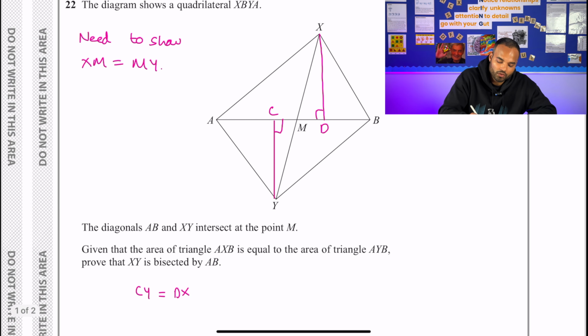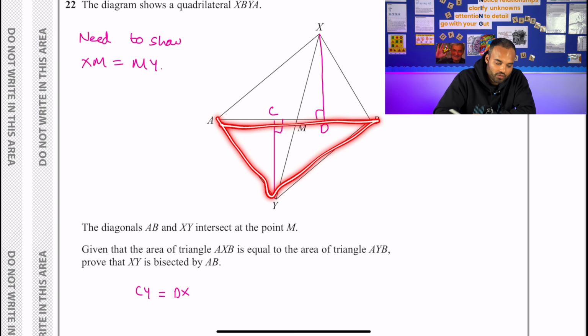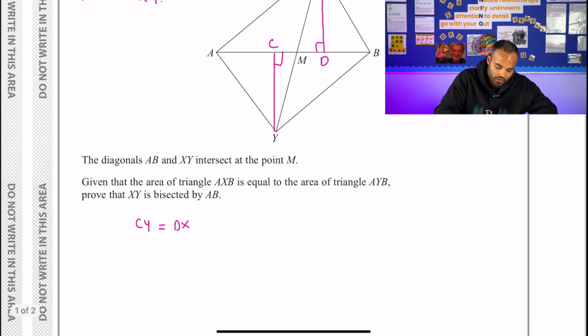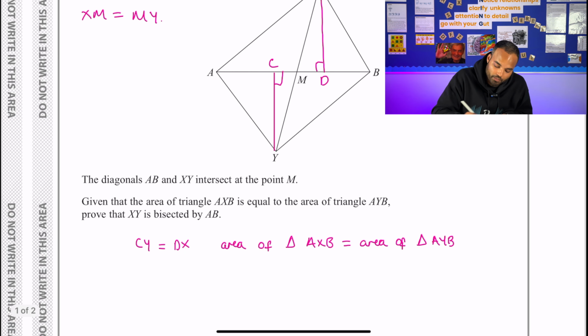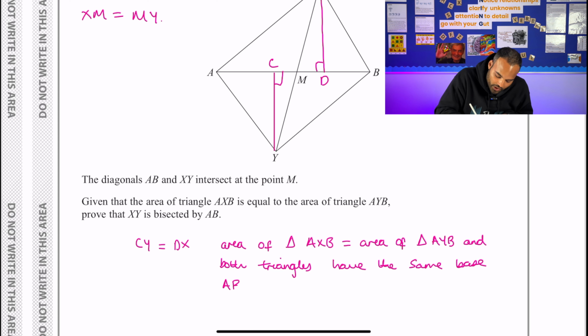How do I know that? Well, I've used the fact that this triangle over here and this triangle over here have the exact same area. I'll put my reason in brackets, and if you're doing a question like this, make sure you put your reason down as well. So we'll say that the area of triangle AXB is equal to the area of triangle AYB, and both triangles have the same base, which is AB.